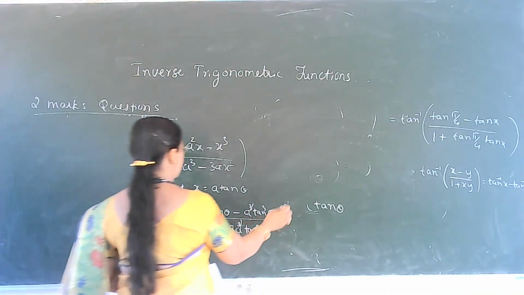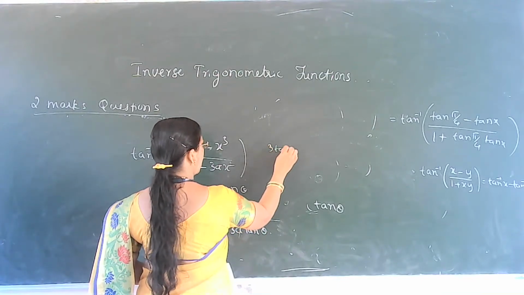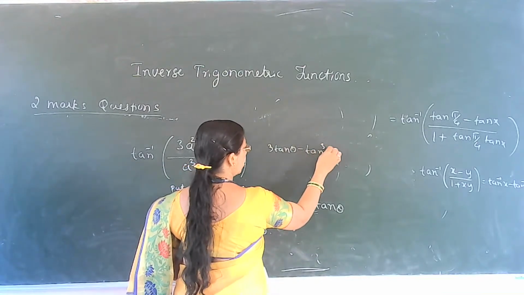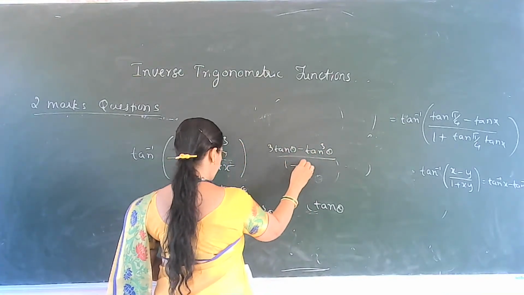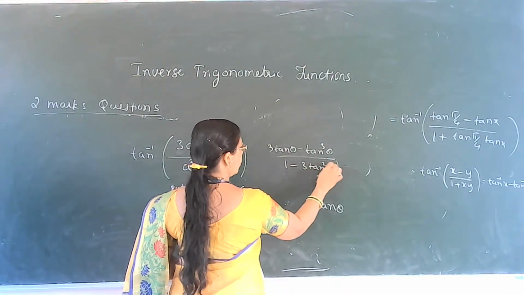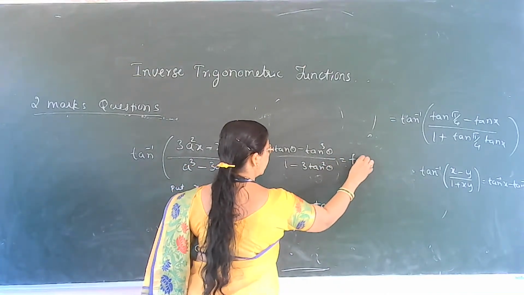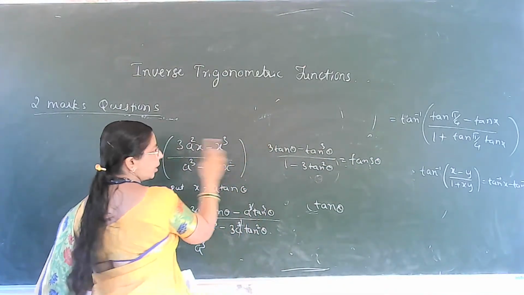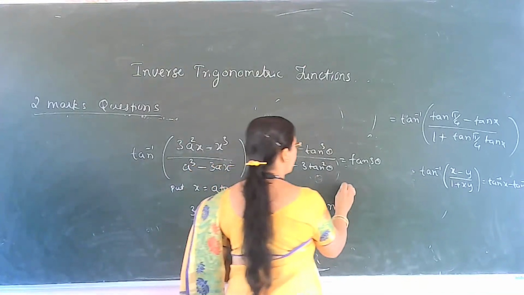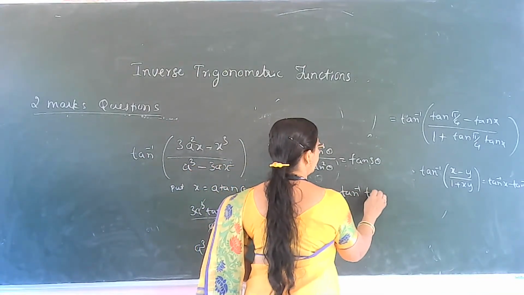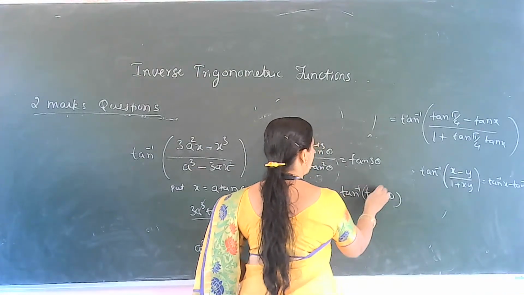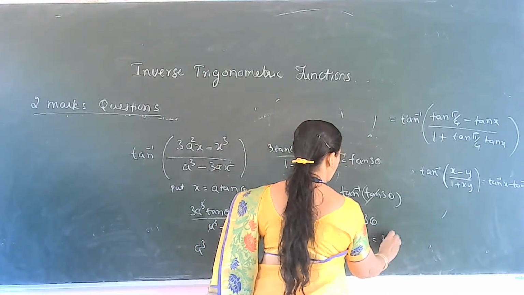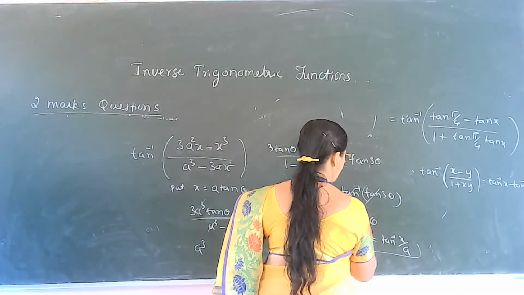You get 3 tan theta minus tan cube theta divided by 1 minus 3 tan square theta, which is equal to tan 3 theta. Therefore, tan inverse tan is cancelled. Tan inverse of tan 3 theta, we get 3 theta. 3 theta is equal to 3 tan inverse of x by a is the answer.